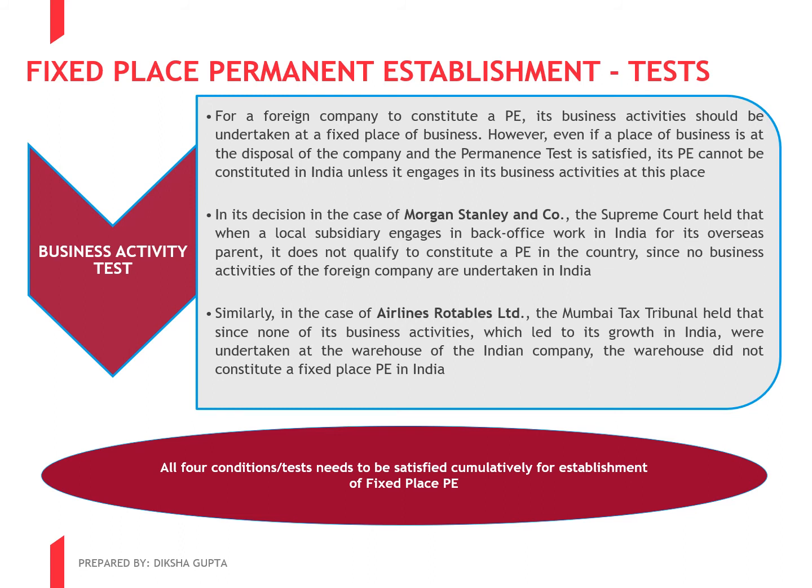If in that fixed place of business there is no business activity conducted by the foreign enterprise, then that does not constitute a PE. However, even if a place of business is at the disposal of a company and the permanence test is satisfied, its PE cannot be constituted in India unless it engages in its business activities at this place, which I have covered.